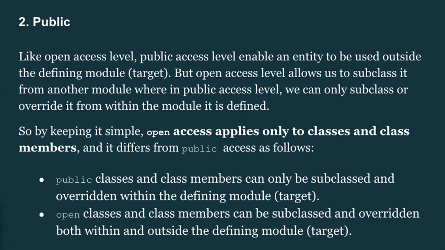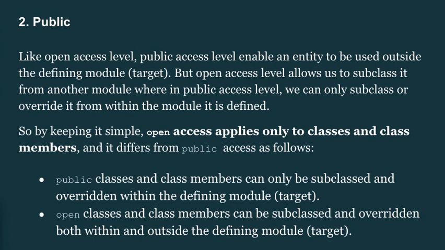Number two, public. Like the open access label, the public access label enables an entity to be used outside the defining module target. But the open access label allows us to subclass it from another module, whereas with the public access label we can only subclass or override it from within the module it is defined in. So, keeping it simple, open access applies only to classes and class members, and it differs from public access as follows.